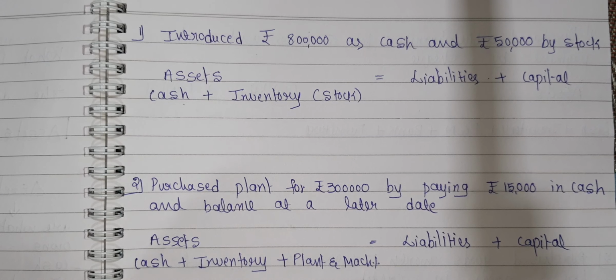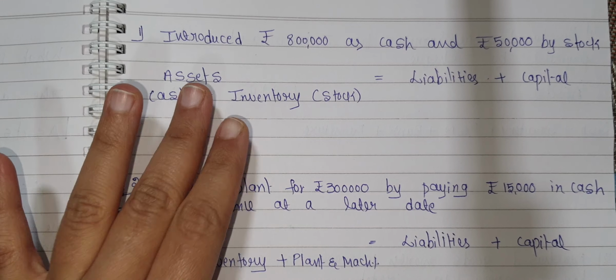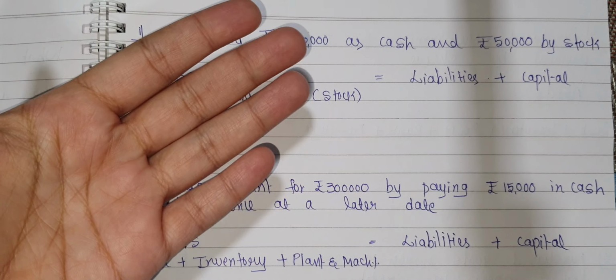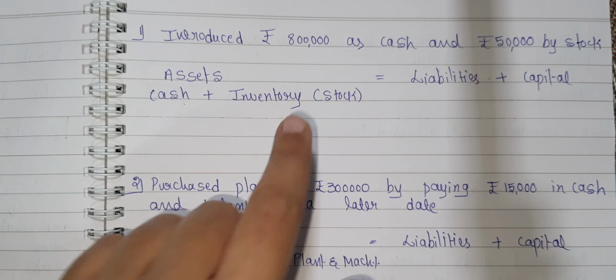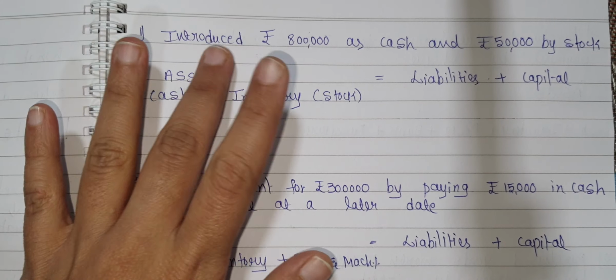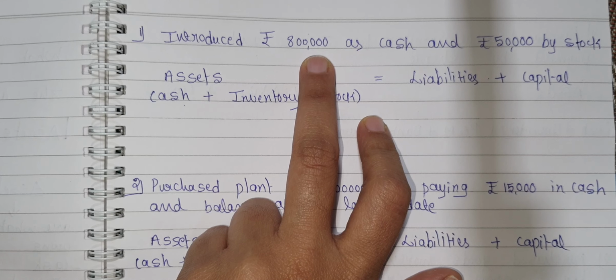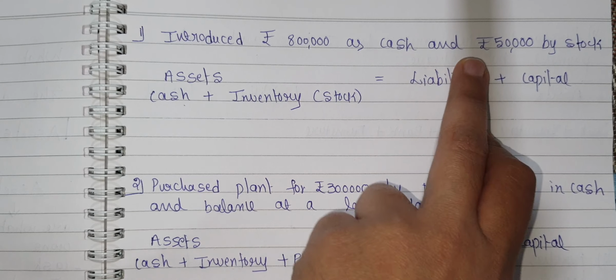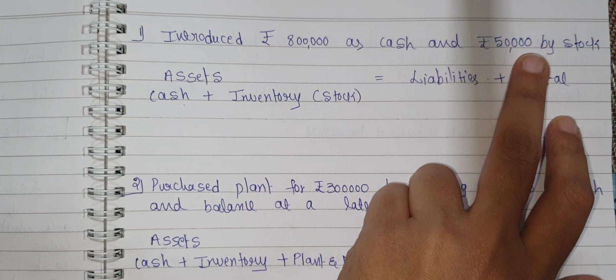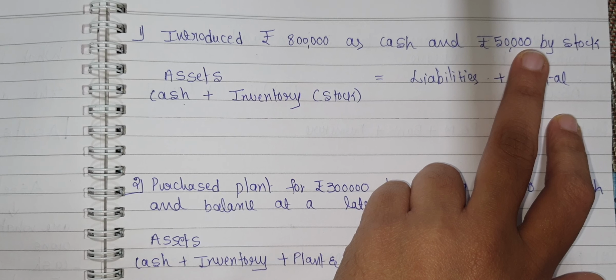So what is the effect of this transaction? There is an increase in cash. Sorry, this is 8 lakh rupees. Increase in cash by rupees 8 lakh and inventory, meaning stock of goods, by rupees 50,000.